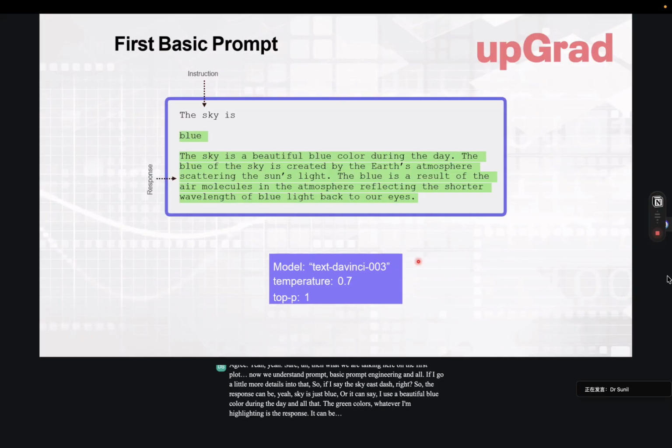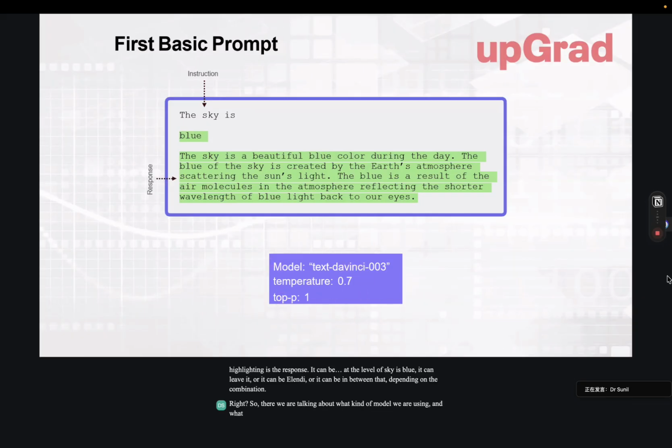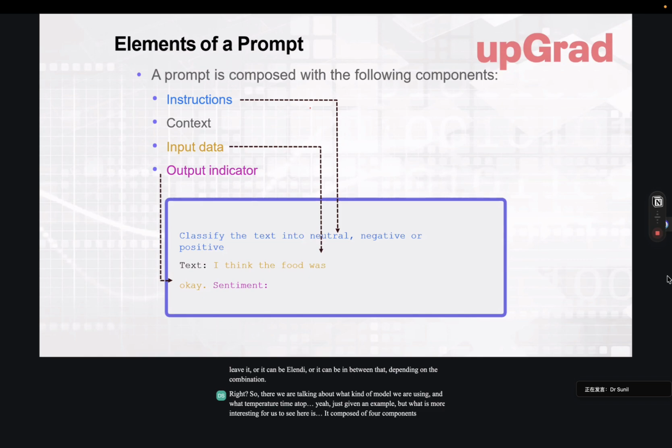It can be at the level of sky is blue, or it can be lengthy, or it can be in between, depending on the combination, right? There we are talking about what kind of model we are using and what temperature and top P. I just gave an example. But what is more interesting for us to see here is it is composed of four components mainly: instructions, the context.